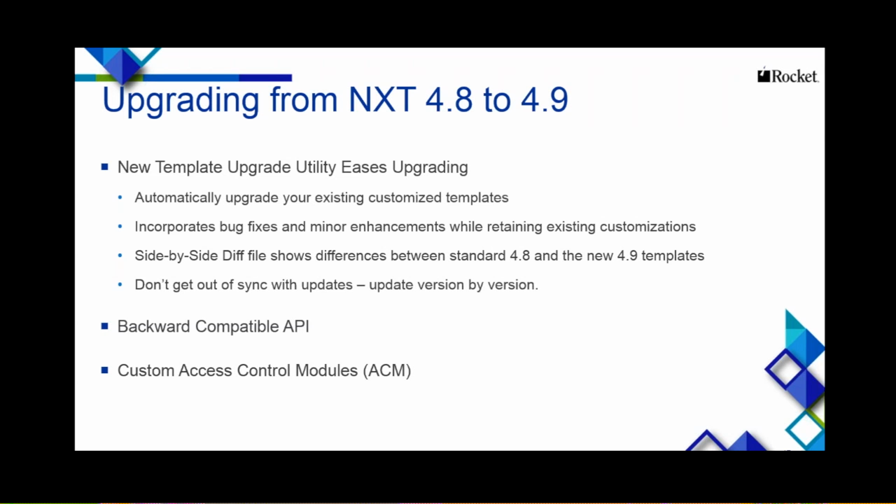But if you wish to use the 64-bit version of NXT 4.9, which I highly encourage you to use, all that is required is a simple recompile of your existing code. The API hasn't changed. It's just the libraries, some of the headers have changed. But you just need to recompile, and then you'll be good to go.